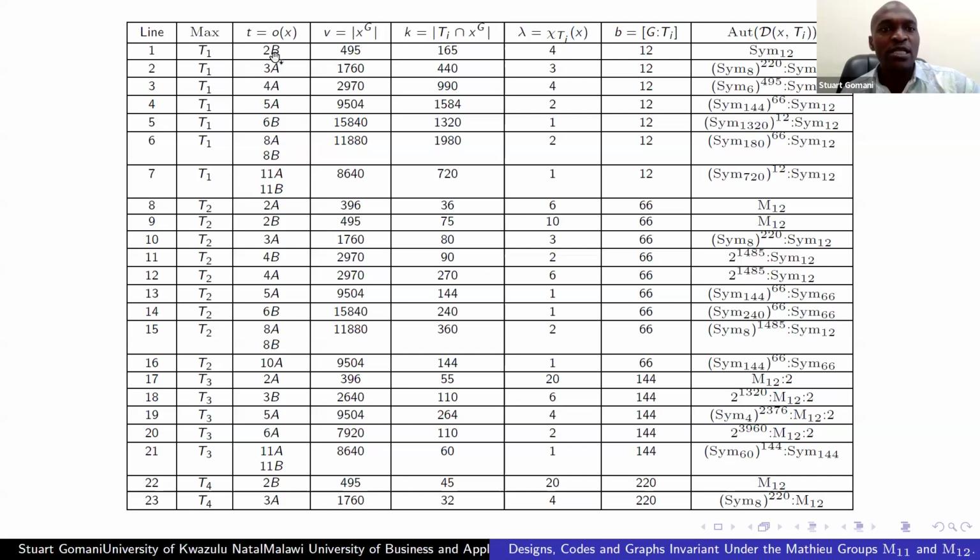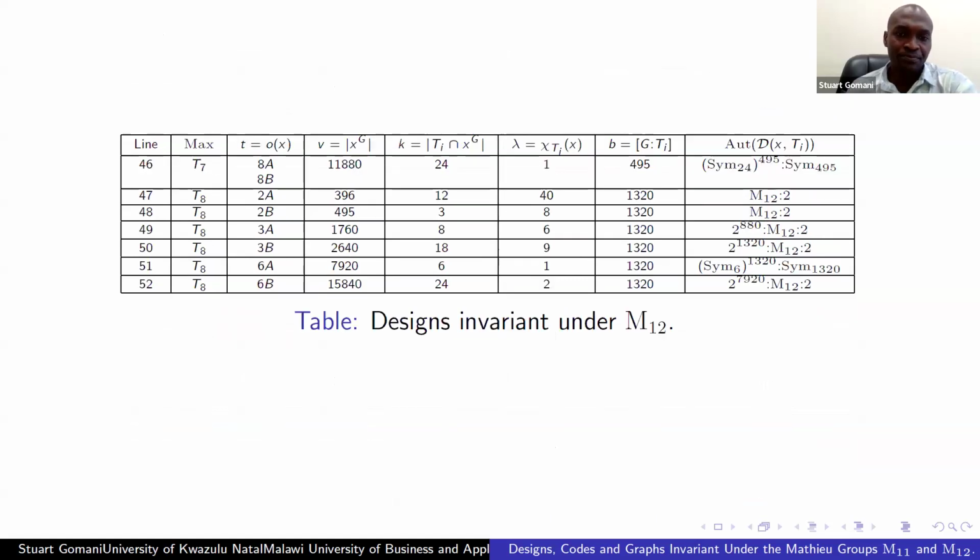So here we are representing the conjugacy class by a letter, and the number in front of this letter is giving us the order of the elements in that conjugacy class. And again, the last column is giving us the full automorphism group for each design that we have constructed. There are 52 of them in total, up to isomorphism, of course.